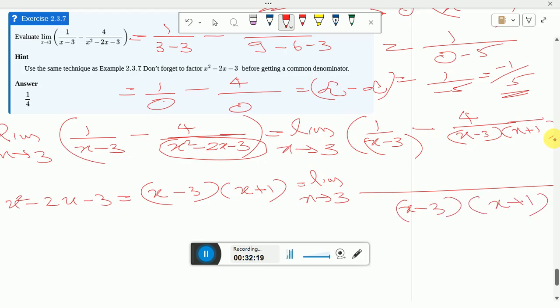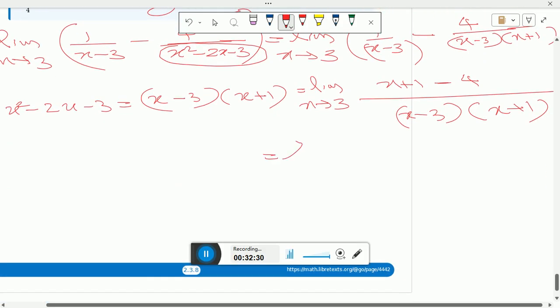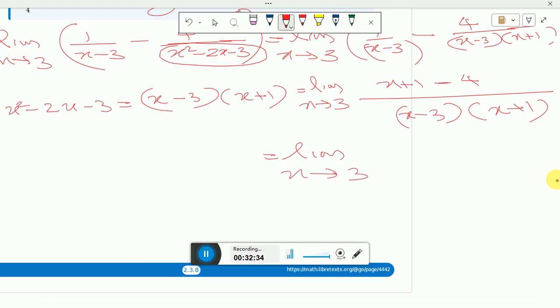If I take the LCM as this, the remaining portion is x plus 1 minus 4. Now if I simplify this, limit x approaches 3, x plus 1 minus 4 is equal to x minus 3, over x minus 3 into x plus 1.